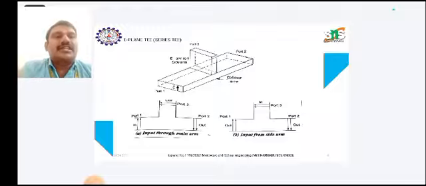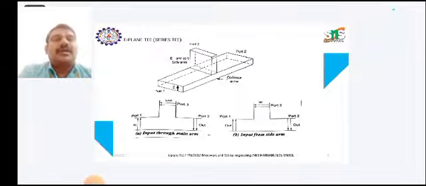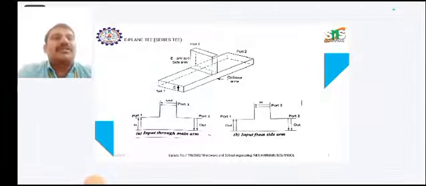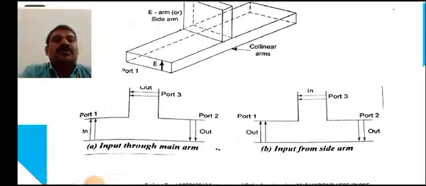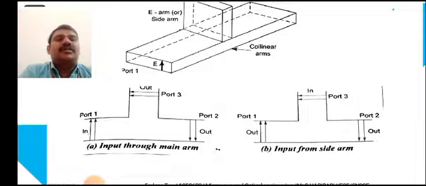How is the signal passed into it and how is the main signal split out? Just see the diagrammatic representation. Here the input is through the main arm, that is port 1, then the outputs are at port 3 and port 2.